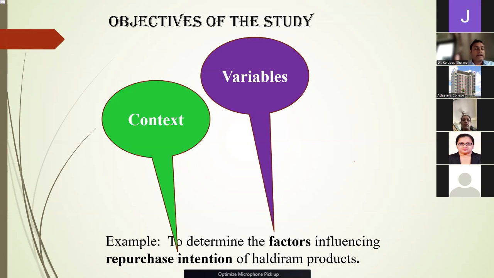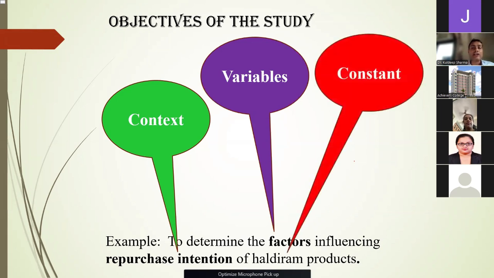Purchase intention, or factor influencing the choice of investment, or factor influencing to select mode of transportation. So here, what is my context? I am not interested to record, but I am recording factors with respect to purchase intention. And here, Haldiram is a constant variable.